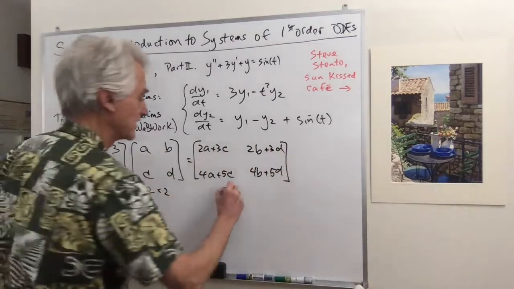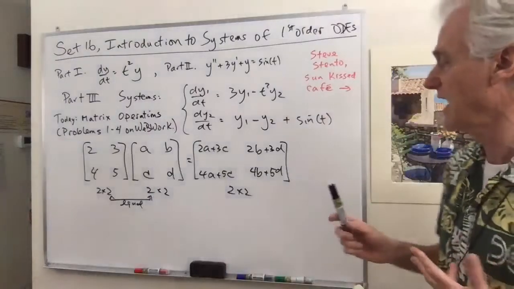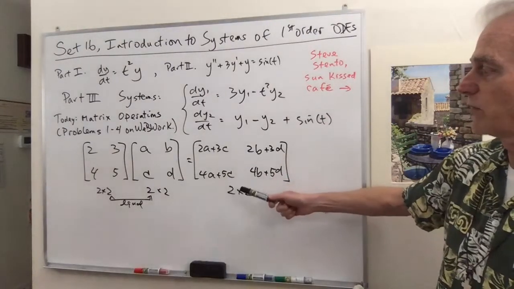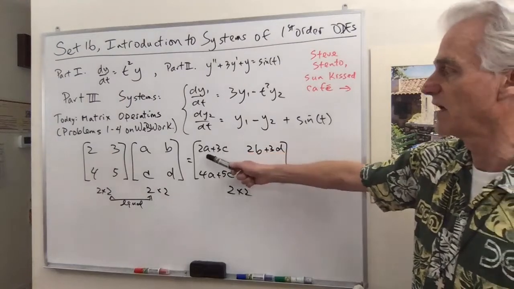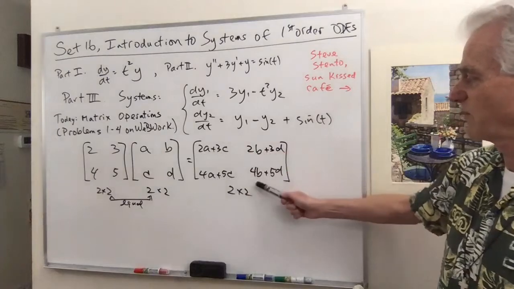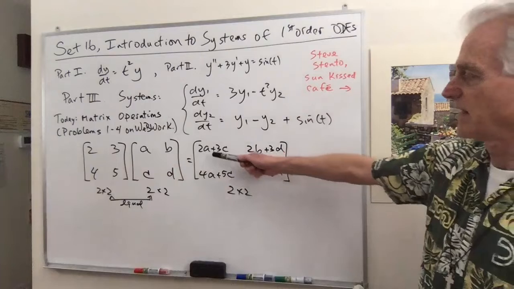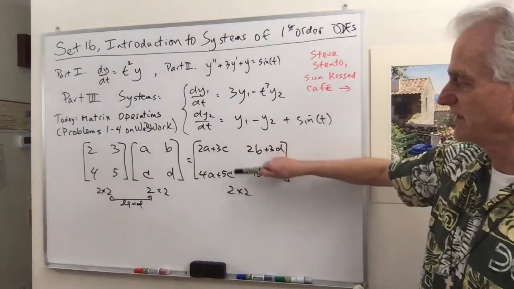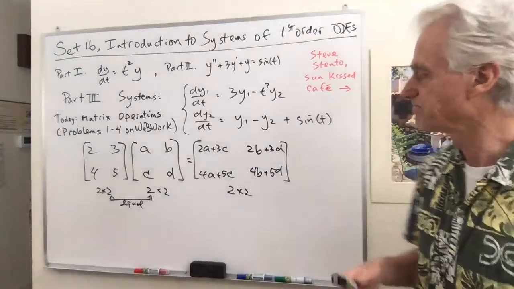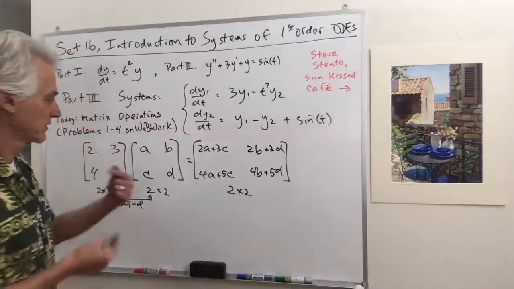Okay, this result is a 2 by 2 matrix. And I've written this out so you can see a little bit of the pattern. On the right, there's 2, 3, 4, 5, and here we have a 2, 3, 4, 5. It's just like that pattern. Now, I have an a there, and an a there, and a c there, and a c there, b, b, d, d. It has sort of a nice pattern. But I do it all with my fingers.